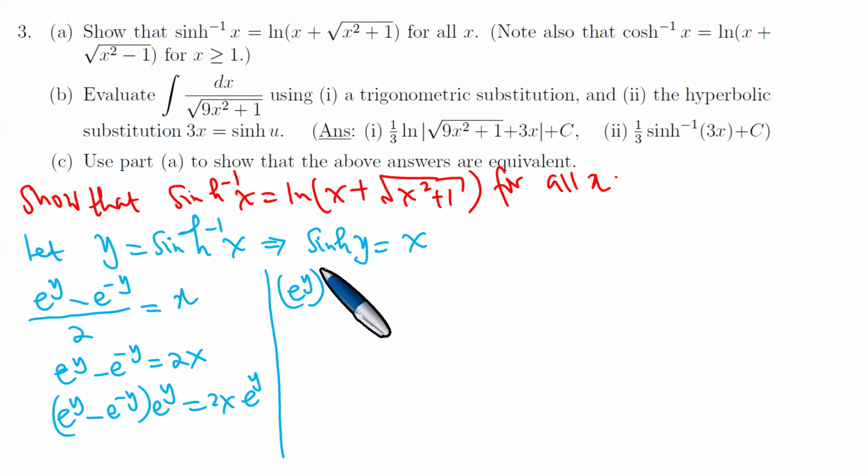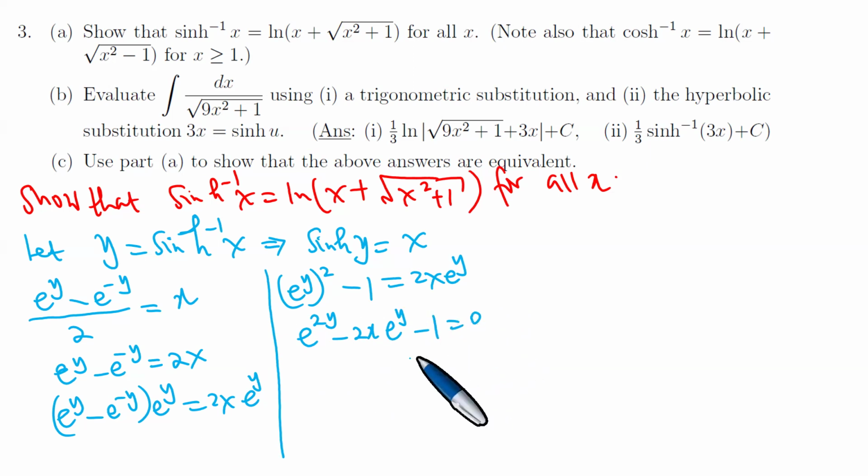So you multiply e to the y minus e to the minus y by e to the y, and you multiply 2x by e to the y. Which means you have e to the 2y minus 2x e to the y minus 1 equals 0.